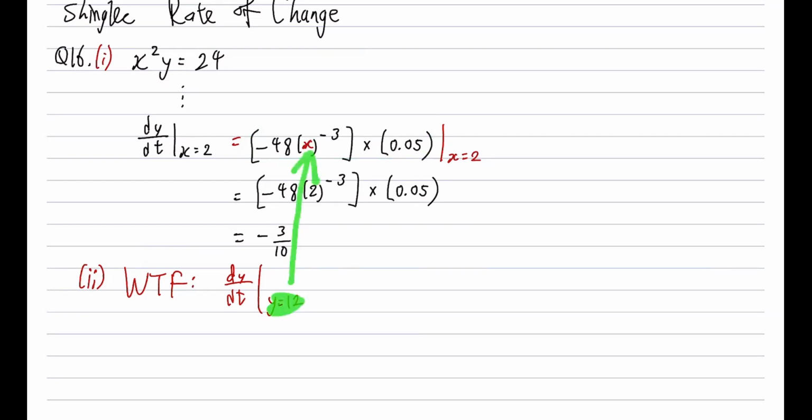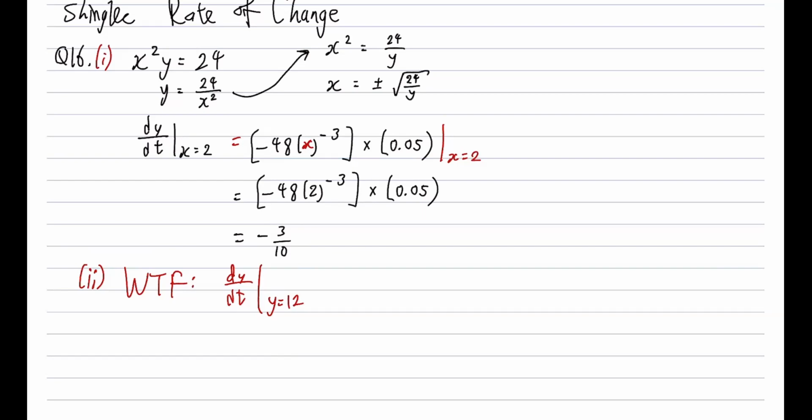I wonder if there's a formula that links me from y to x. If you look carefully at your working, you wrote down y equals 24 over x squared. Which means that you can make x the subject. Maybe it's better to keep the x squared on one side, you get x squared equals 24 over y, and x equals plus minus the square root of 24 over y.